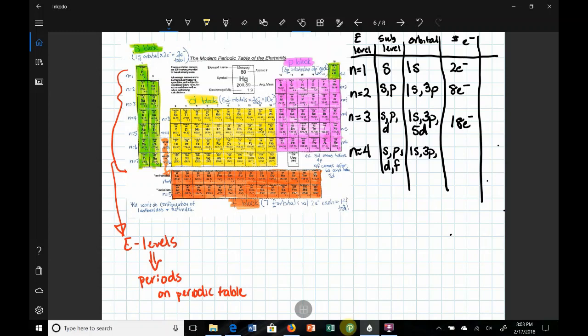In the d sublevel, we've got 5 d orbitals. And in the f sublevel, we've got 7 f orbitals. And in this energy level, we can hold a total of 32 electrons. Remember, we calculated that by 2n squared.